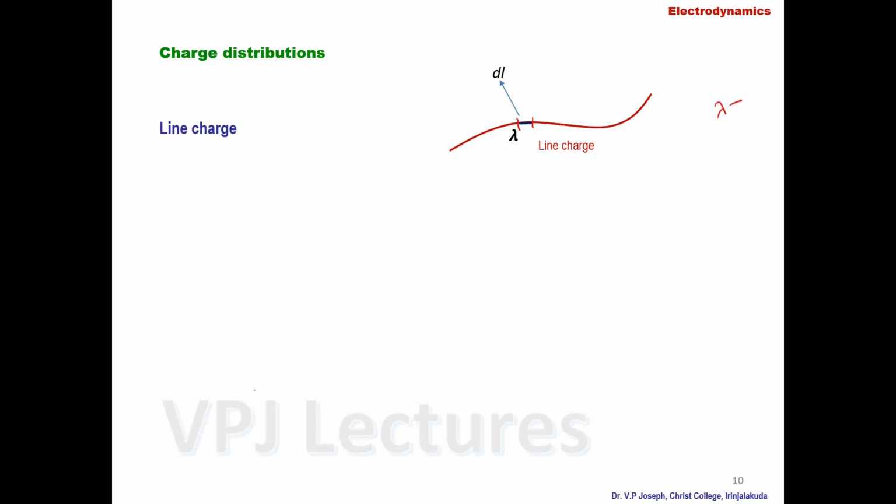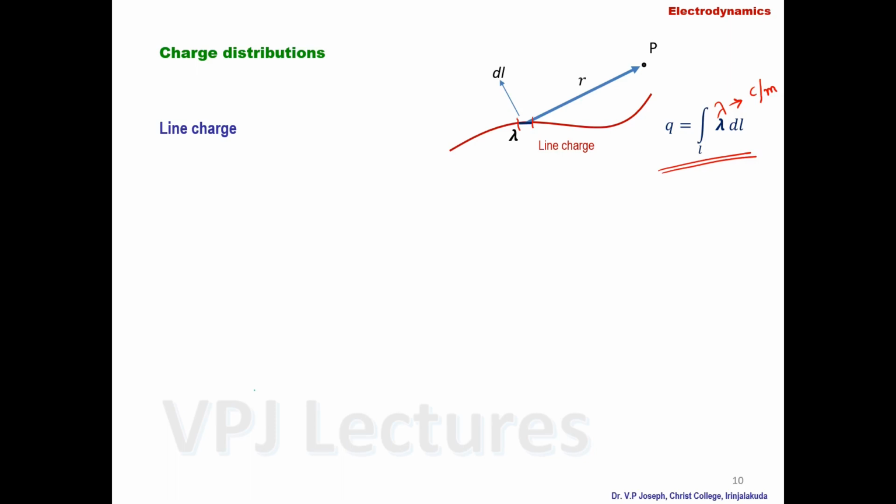Lambda is the charge density, coulomb per meter, so that the charge on that particular length is lambda dl. And the total charge on the line can be taken as Q is equal to line integral lambda dl.